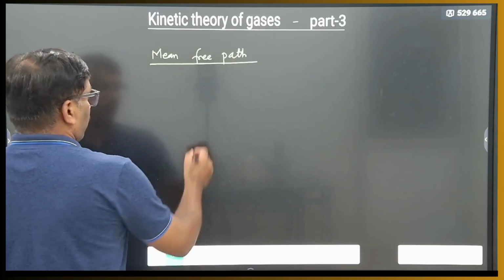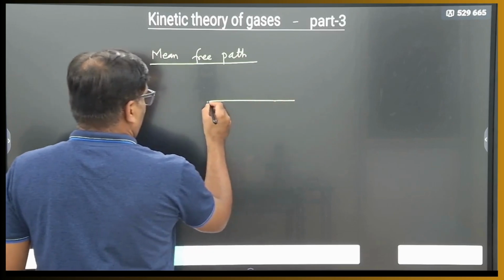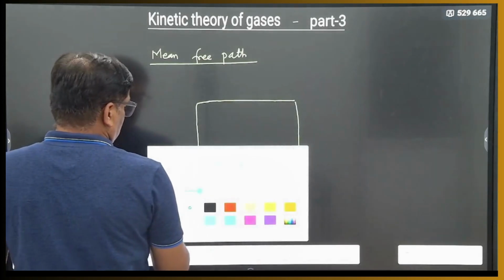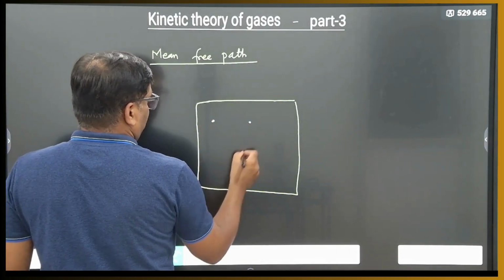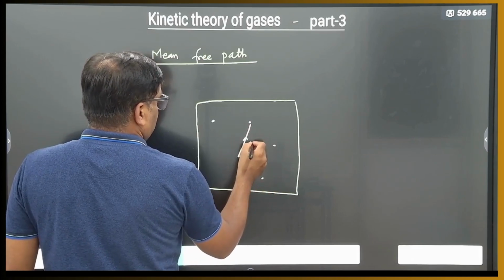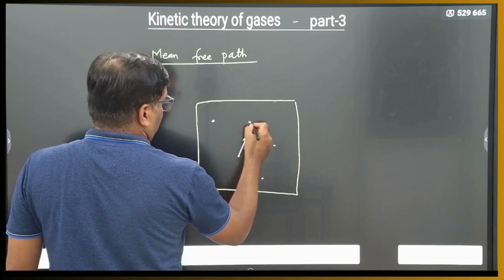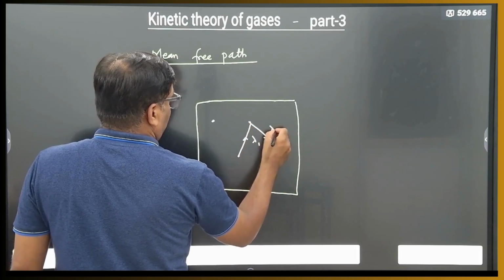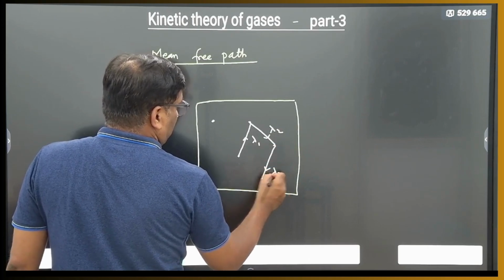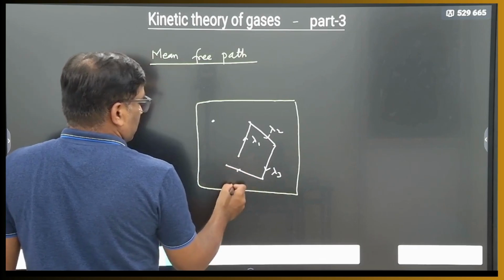So here there is one gas, and inside it these are the molecules. Molecules are very far away, so a molecule will go some distance, let us assume lambda 1. Then it will go some distance lambda 2 to go for another collision, then lambda 3, then lambda 4.